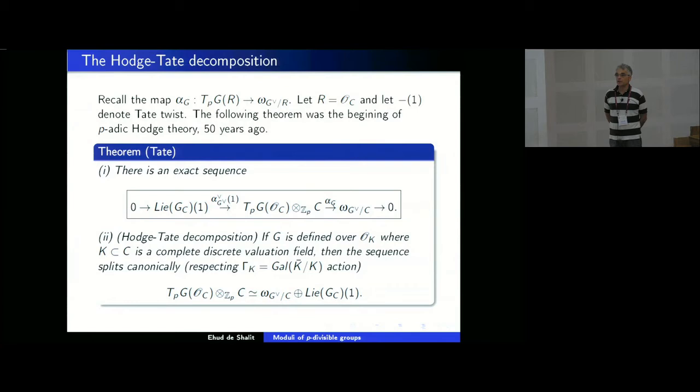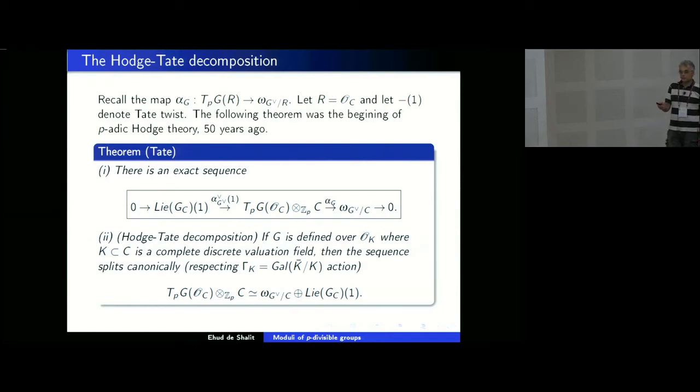This alpha_G is obtained as the restriction to T_pG of the map that we called s_G, that went from the universal cover, which included the Tate module, to the Grothendieck-Messing crystal. But it could be described concretely on this level, and this is how Tate actually defined it many years ago without any reference to the things that came later.